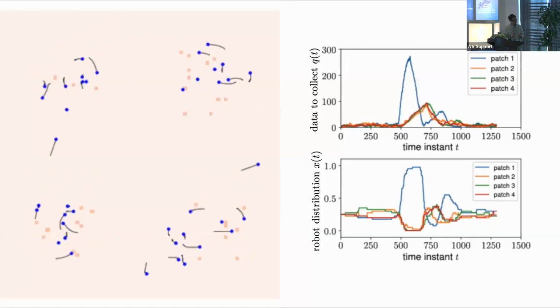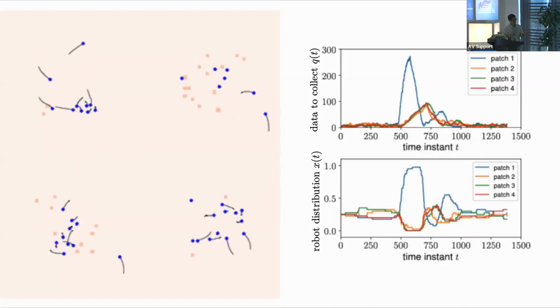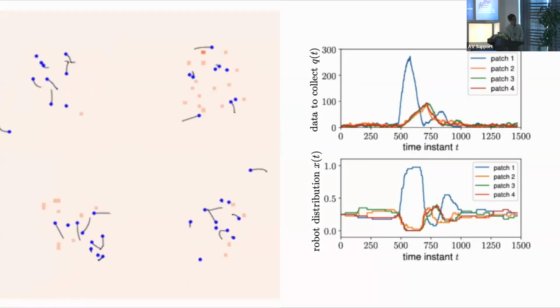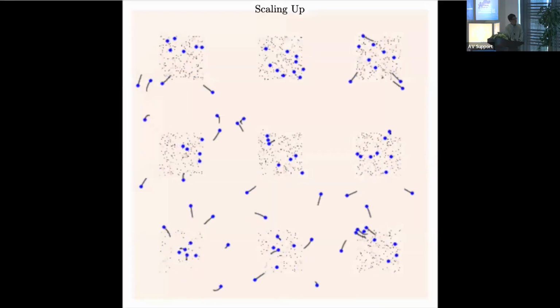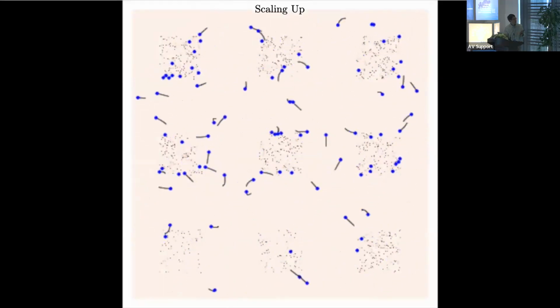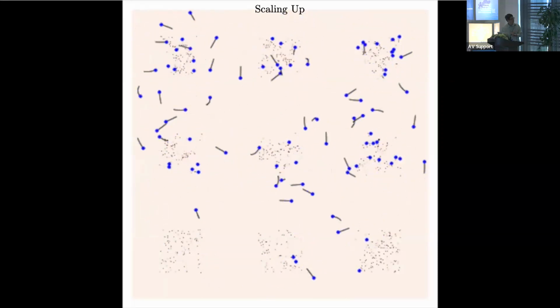This low-level, simple coordination allows this large team of robots to coordinate in this data collection deployment scenario. And of course, because we are using a very simple coordination algorithm, it scales well. Previously we had a demonstration with 40 robots. Now we have a demonstration with 90 robots.